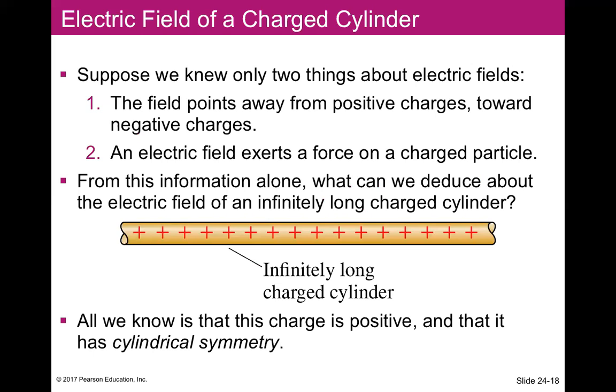Now, let's start from the symmetry. We know two things about the electric field. The field points away from positive charge and towards negative charge, and the electric field exerts a force on a charged particle.